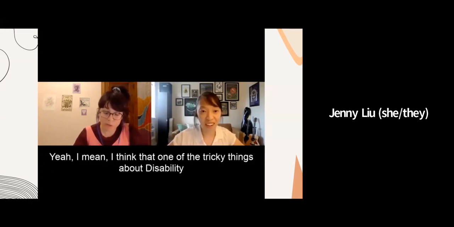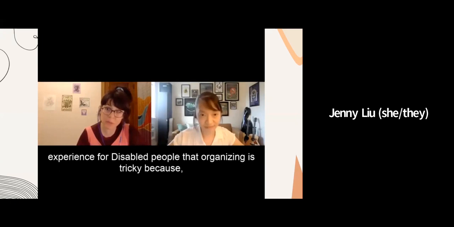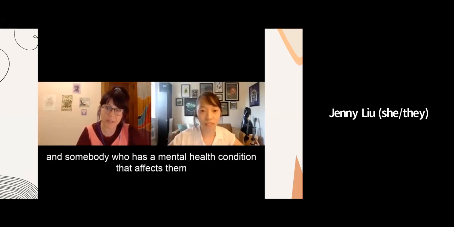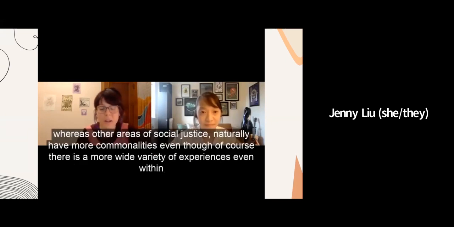Yeah, I think one of the tricky things about disability justice is that there is such a wide breadth of experience for disabled people that organizing is tricky, because somebody who's using a wheelchair and somebody who's blind and somebody who has a mental health condition that affects them on a daily basis all have very different needs and realities that they're living through.